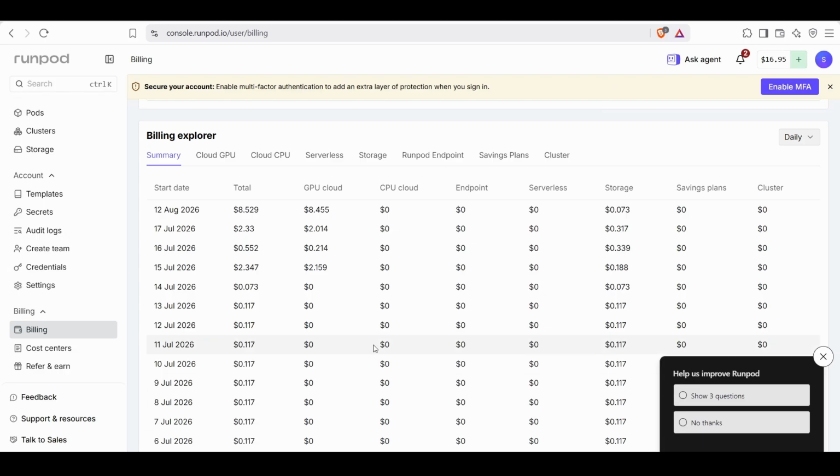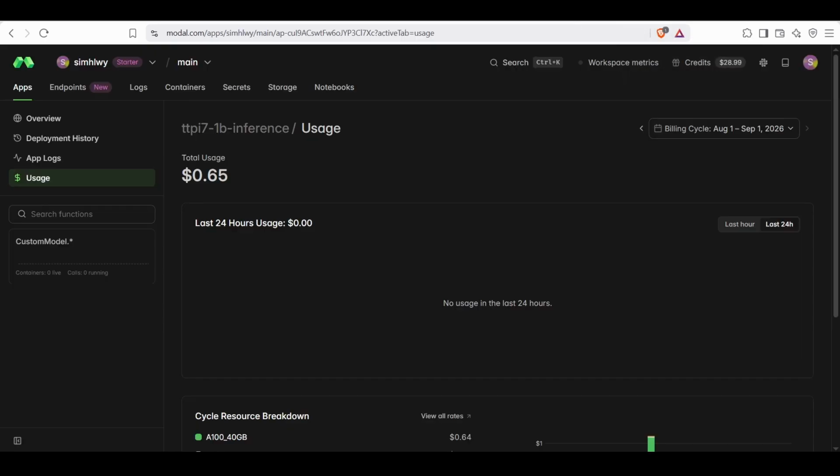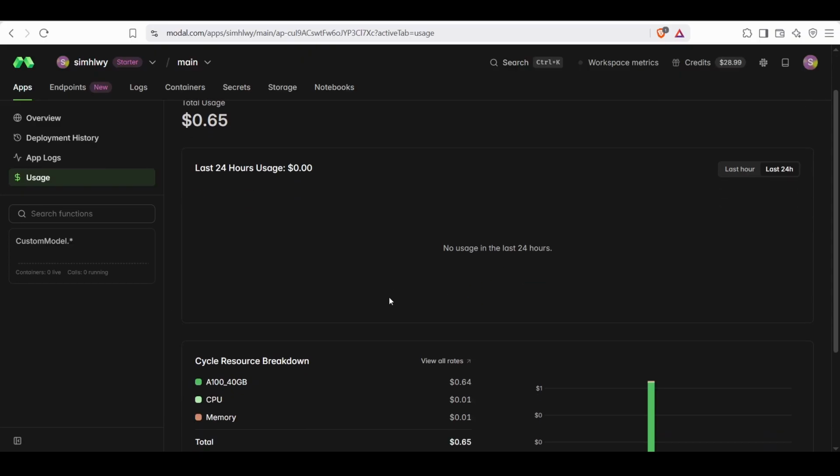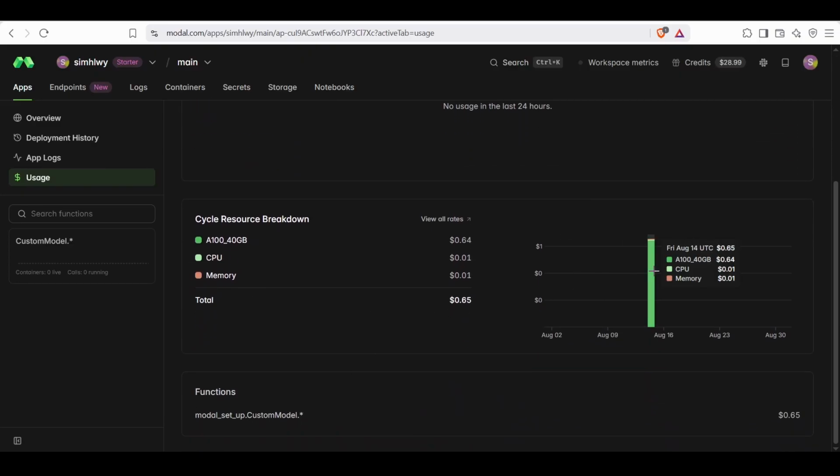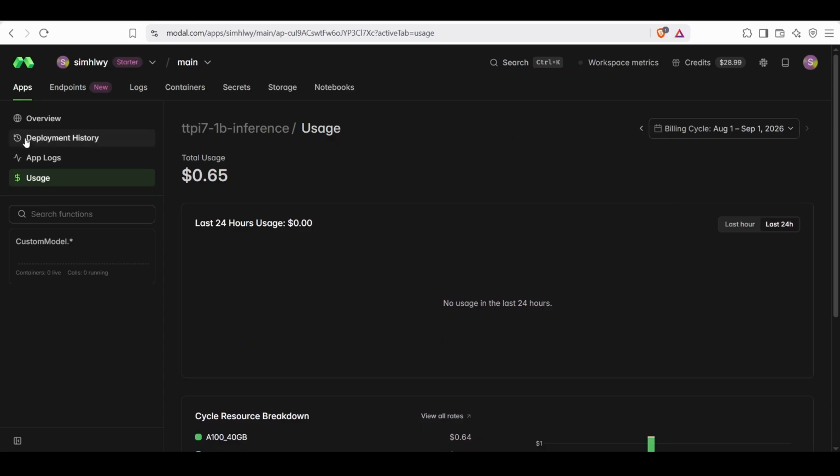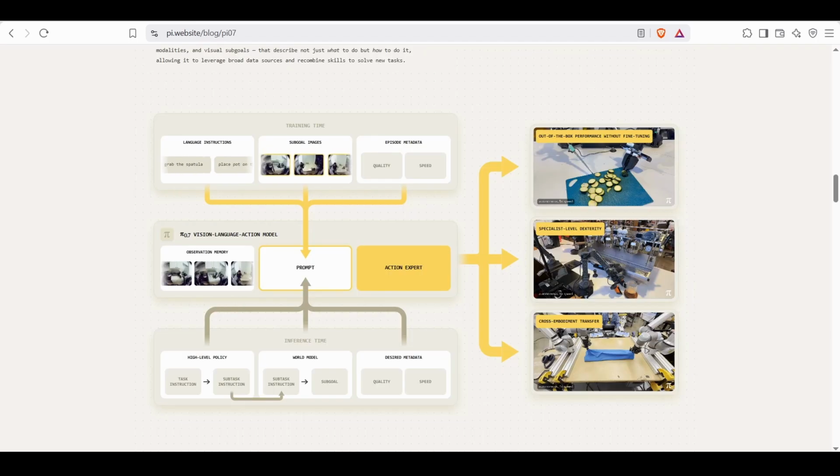Another thing that I learned about during this project was cloud inference, so hosting your model on the cloud and having it execute requests and then send data back from the cloud. I used Modal. Physical Intelligence also uses Modal.